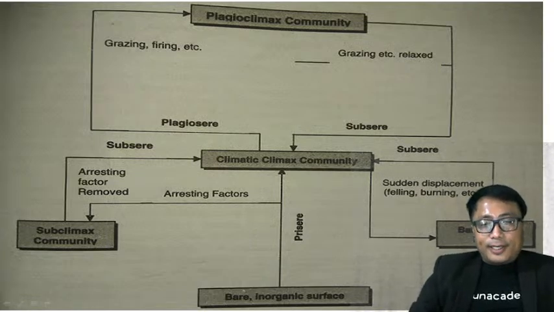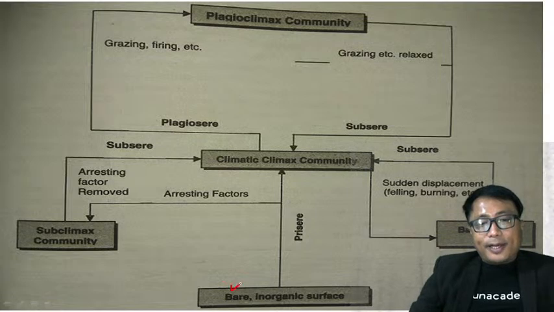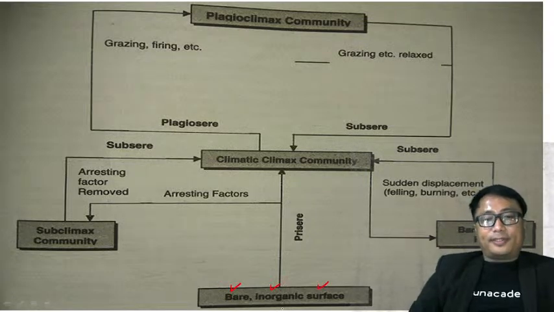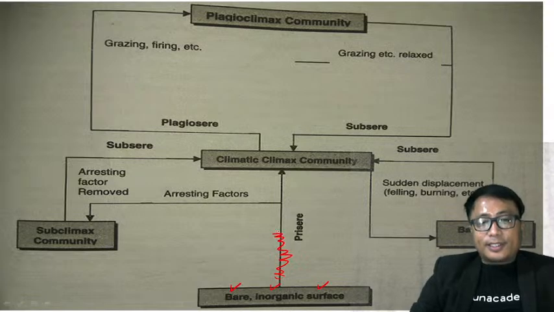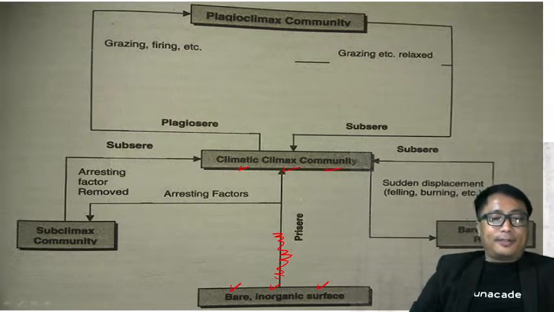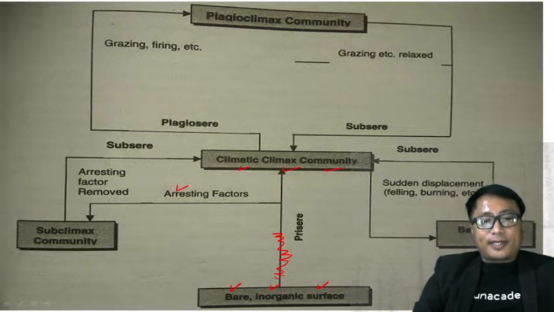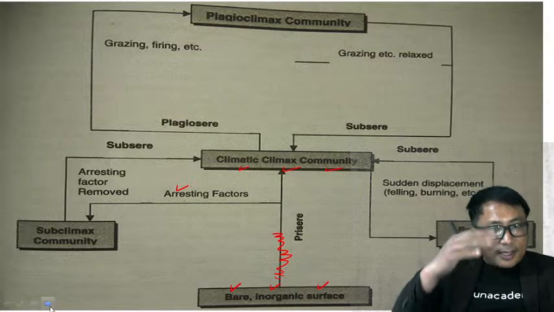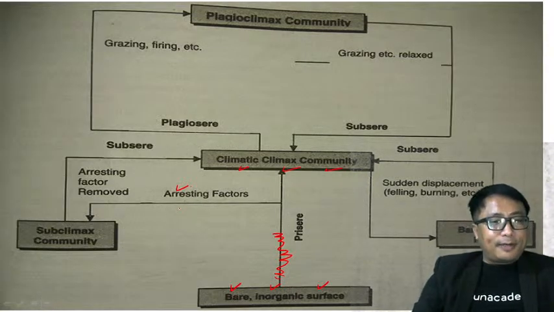You see here, kindly follow the pointer, this is a bare and inorganic surface. Finally, after different ecological successions, it will go to this climax community. But say there is some arresting factor that interrupts it.